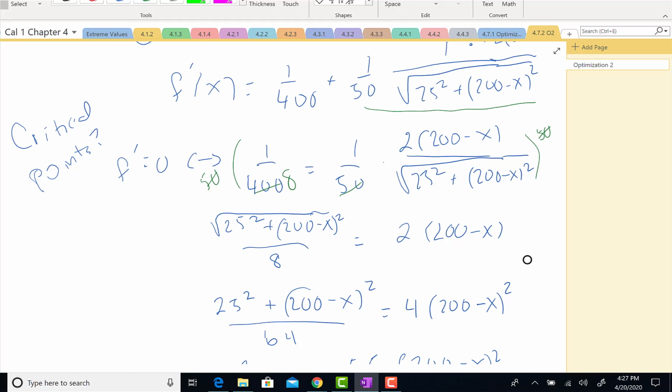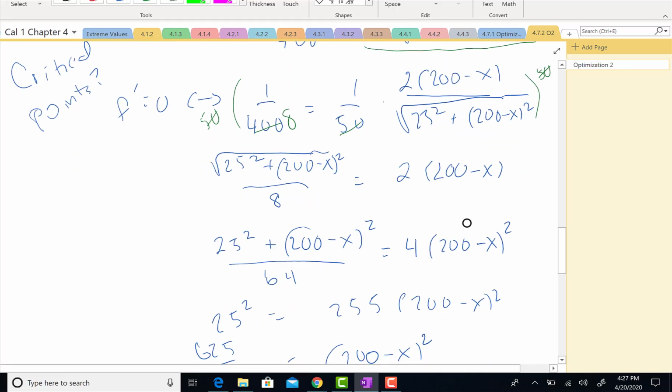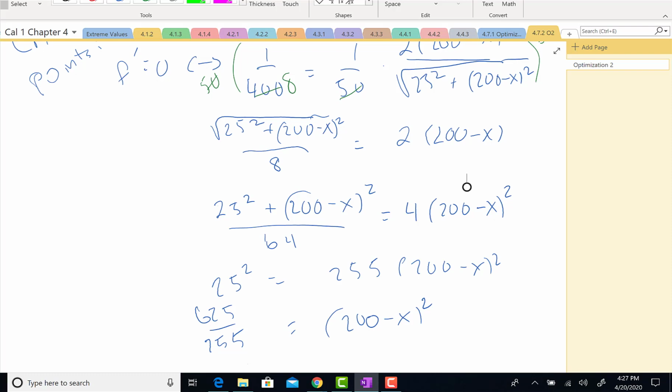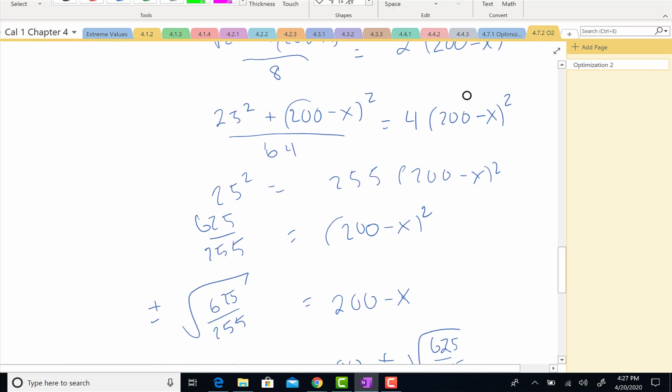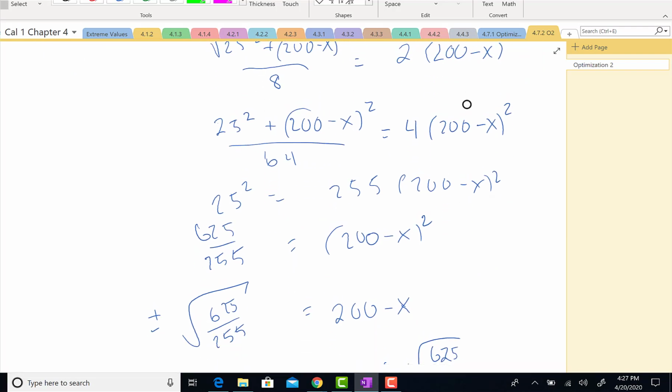Now multiplying by 64 and subtracting (200 minus x) squared, we would have 255 times the quantity (200 minus x) squared is equal to 25 squared. Divide by 255, take a square root, and we would get 200 minus x is plus or minus the square root of 625 over 255.